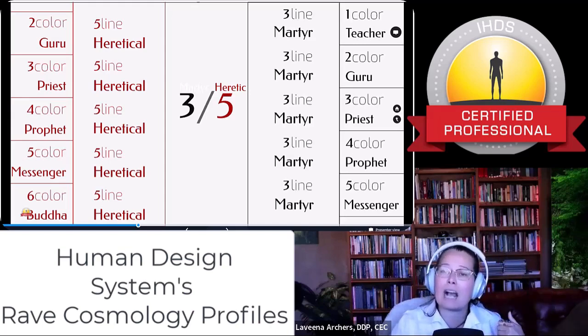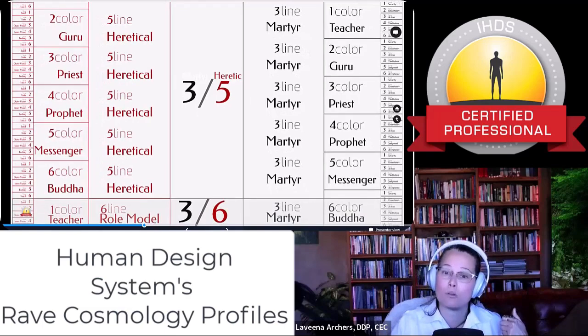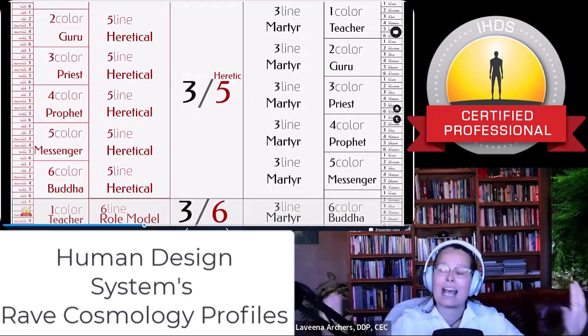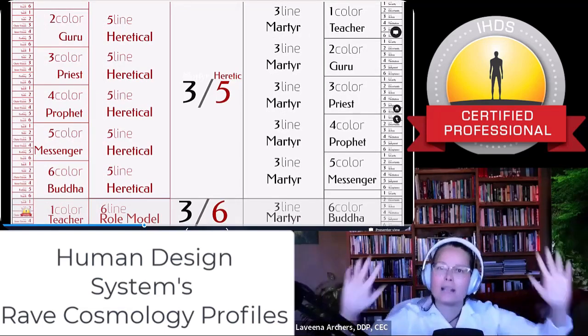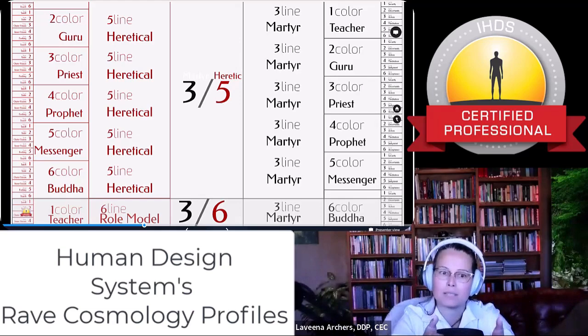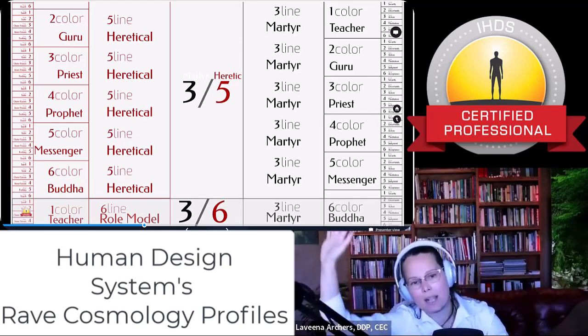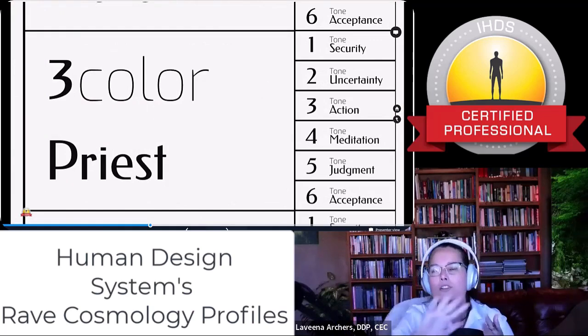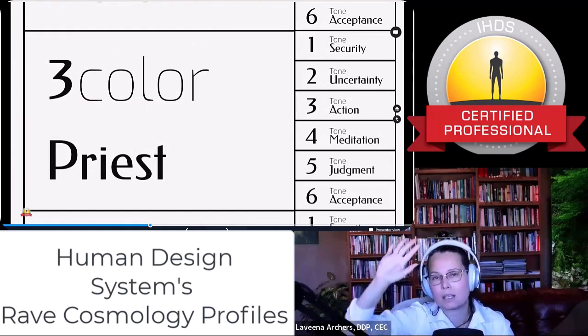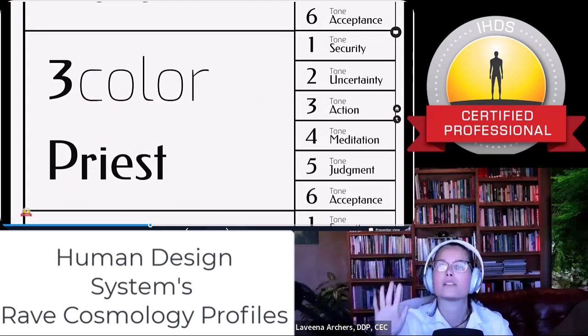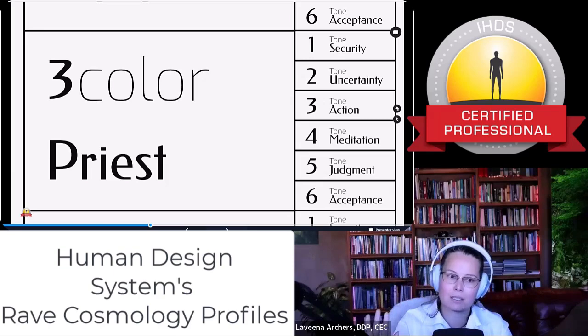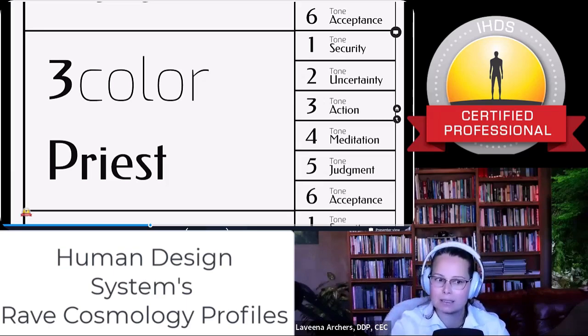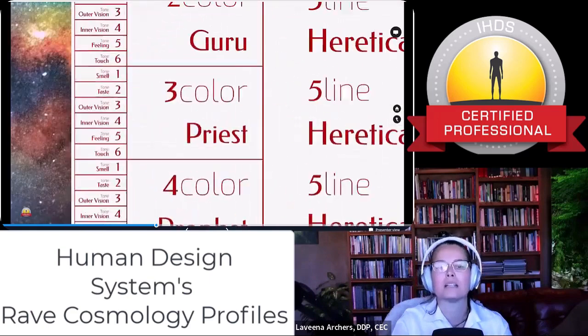I'm going to explain how it works for me and show you the relatability and the variability outside of that public role, that profile that I am. Martyr, consciously; heretic, unconsciously. So you can see then, underneath the surface of the personality, we have a color that is 3. It's a priest, archetypally, or priestess, you could say, if you want to talk to the femininity aspect.